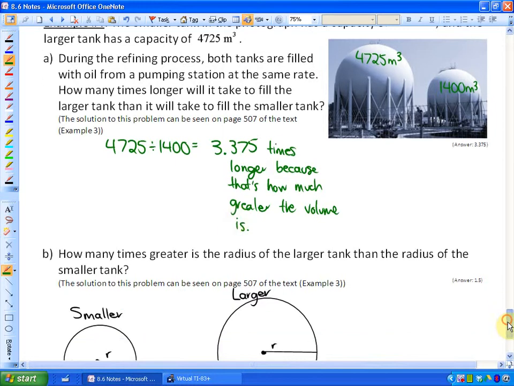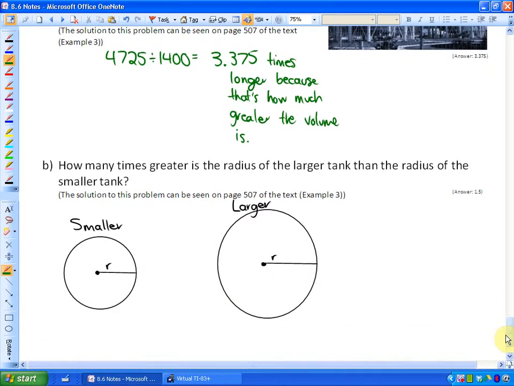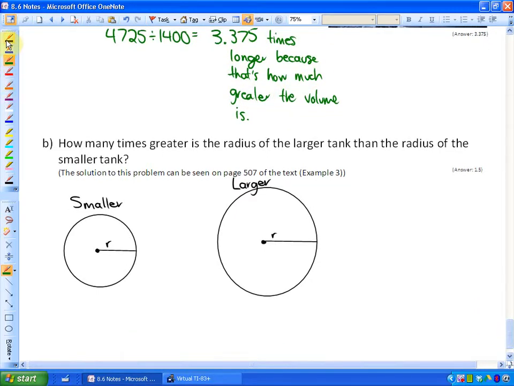Part B says how many times greater is the radius of the larger tank than the radius of the smaller tank. Now in this particular question, I don't think the radius would be 3.375 times greater. What this actually is, is the scale factor cubed, because this is the difference in the volume. Or in other words, what we know right now is that the smaller volume times 3.375 equals the larger volume.